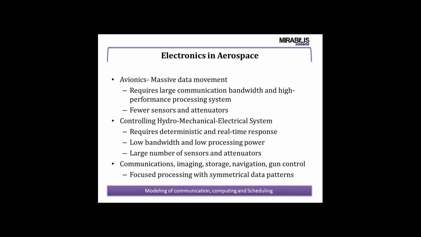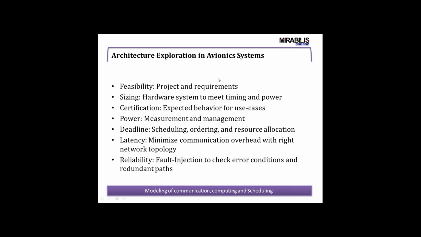The last one is looking at more focused processing with very symmetrical and predictable data patterns, for things like communication, multimedia, storage, navigation, and such components that require more triggers and maybe some very specific data patterns, to specific instrument panels and things like that, or to display panels.